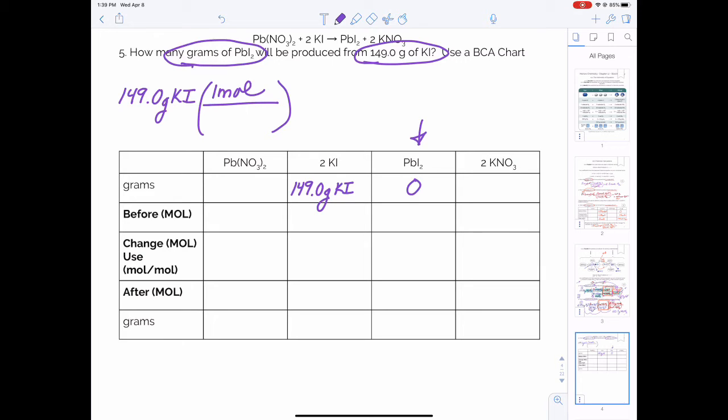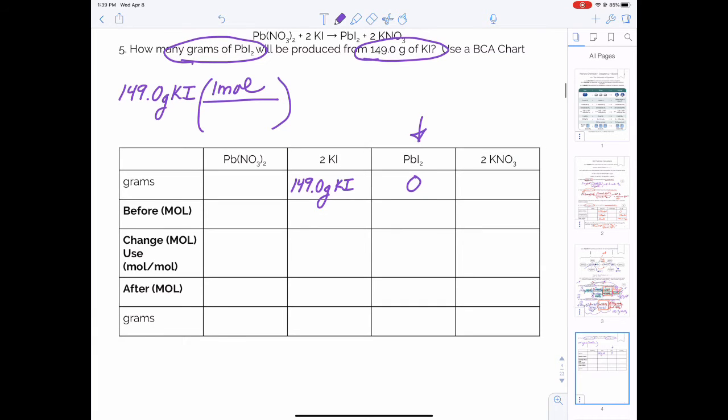I look on the periodic table and the molar mass for KI, 1 potassium, 1 iodide is 166.0 grams. And when I do out that calculation, I get 0.89759 moles. So right now I'm starting out with 0.89759 moles of KI.